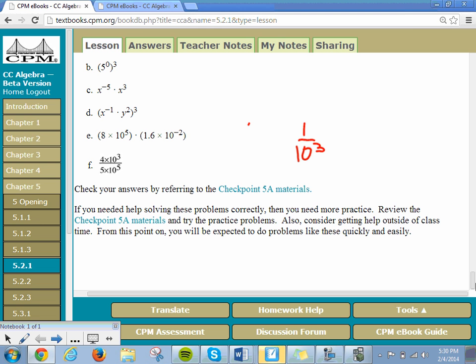So what we get, we'll do 4 divided by 5, which is going to give us 0.8 times 10 to the third. I'm going to bring that up to the numerator, so this is going to become times 10 to the negative third, and I want this 8 to be in front of there. I moved my decimal to the right, so we're going to become more negative, so we've got 8 times 10 to the negative fourth.